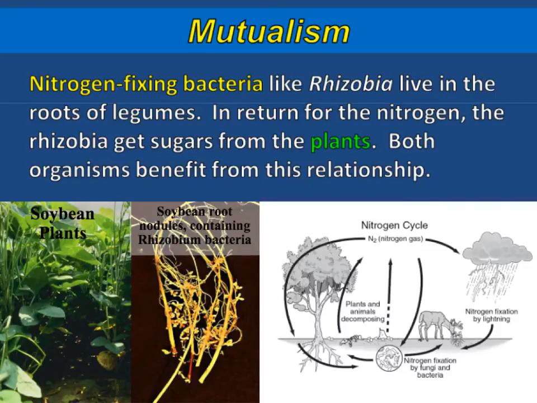We form many relationships with friends, with families, with strangers, with all types of people and organisms on Earth. And we are going to talk about some examples of all four of those different symbiotic relationships.